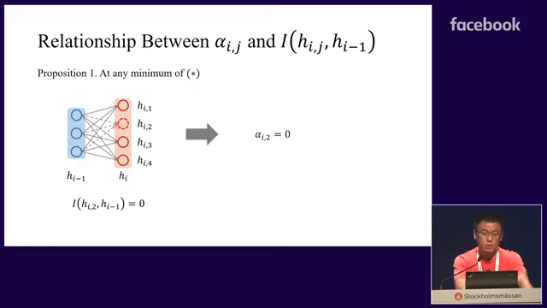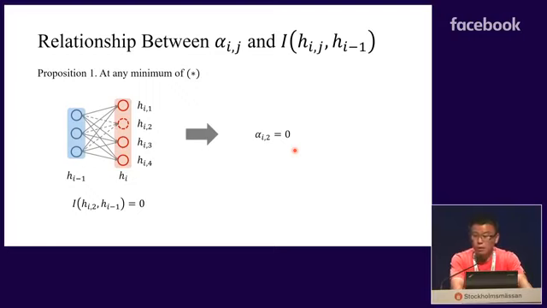So if the mutual information between a neuron and its previous layer equals 0, it means that this neuron actually extracts no information from its previous layer, and of course it has no information about the label, so it can be safely removed. So here we can see it has a relationship with alpha_ij equal to 0.